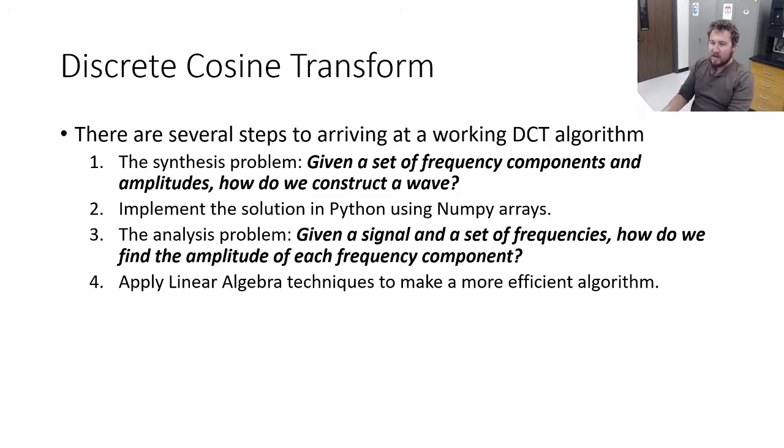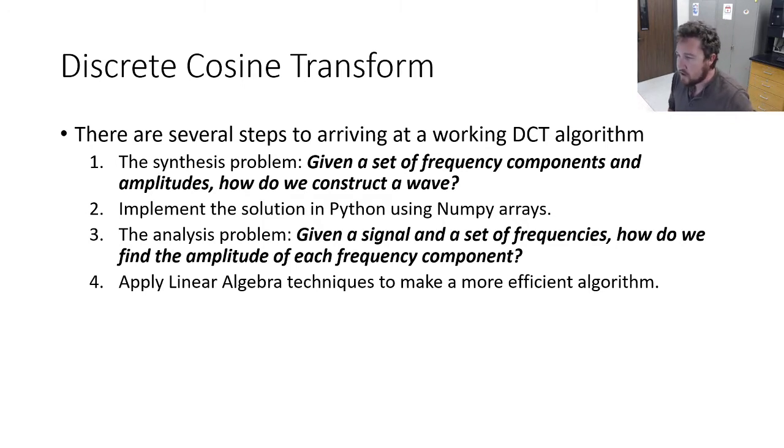If I give you just an array that has all the frequencies, and an array that has all the amplitudes for those frequencies, can you put together a wave using just that information? And it's not hard to see how that leads to signal compression. So instead of a wave with a whole bunch of data, noise, and all that stuff, if we just had really simple arrays with just the frequencies and the amplitudes across a certain range, we could reconstruct those signals.